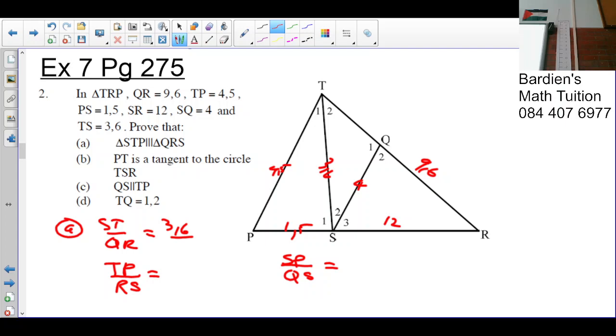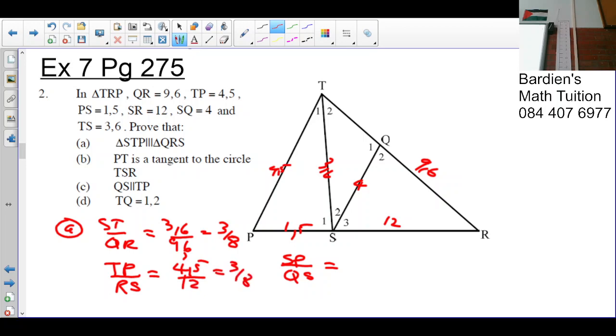Sorry, 9.6. So that's going to give us 3 over 8. Then we go with TP. TP is 4.5 over RS 12, which is also 3 over 8.